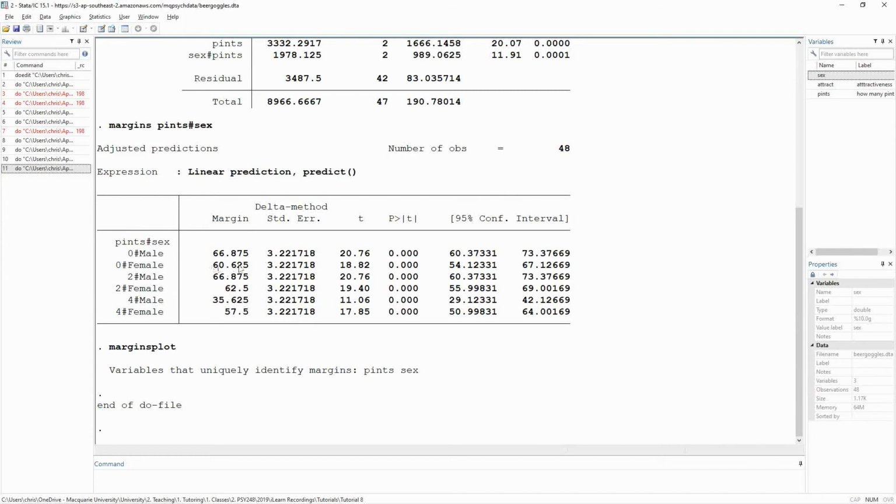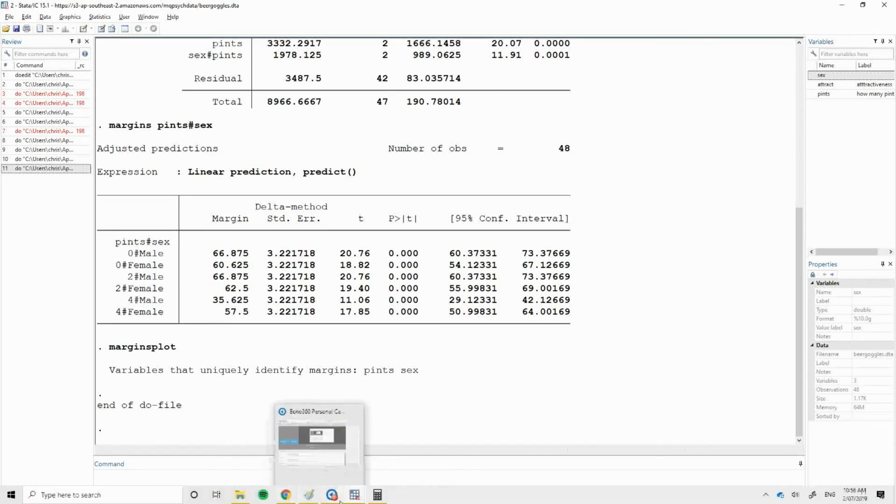Then for females it's 60.62, then 62.5, and then it drops a little bit to 57.5. So really it seems like males at 4 pints have this drastic shift, and otherwise it doesn't look like there's much happening. Like last week, you can basically ignore the rest of this table because it's referring to tests that are irrelevant for what we're doing. We're just interested in this first column.